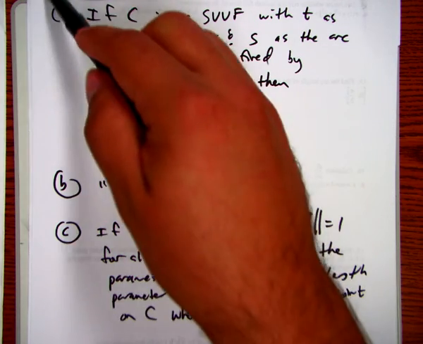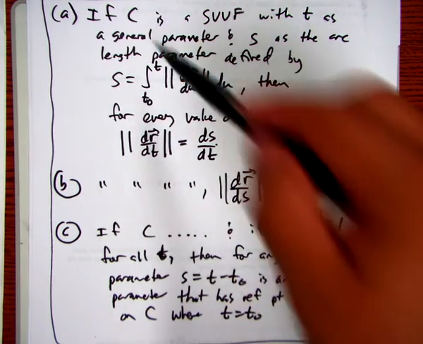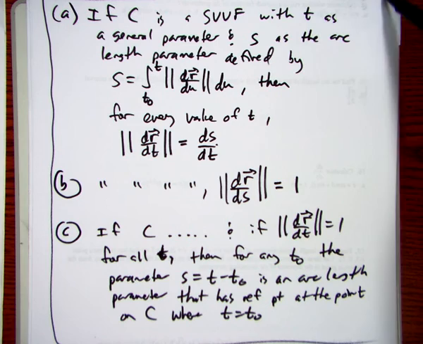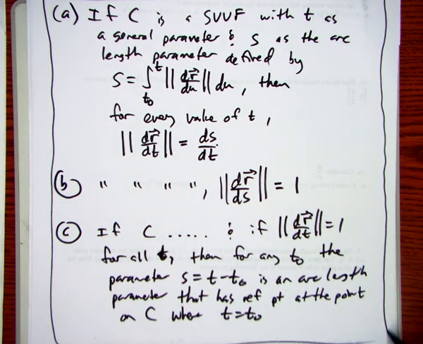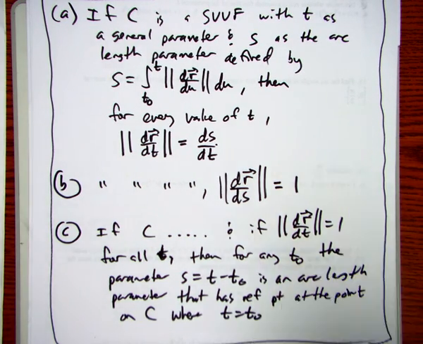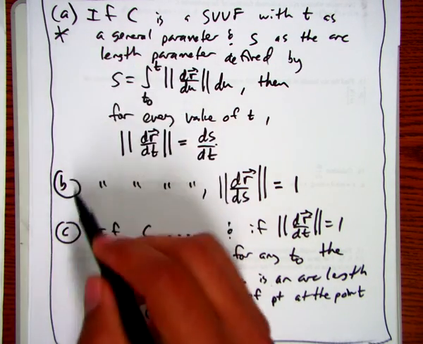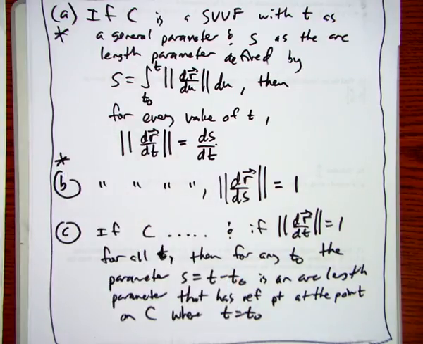Okay, so these three properties are some properties as a consequence of the arc length parameter. The most important ones I can tell you right now are the first two. Okay, so we'll reference those later on.